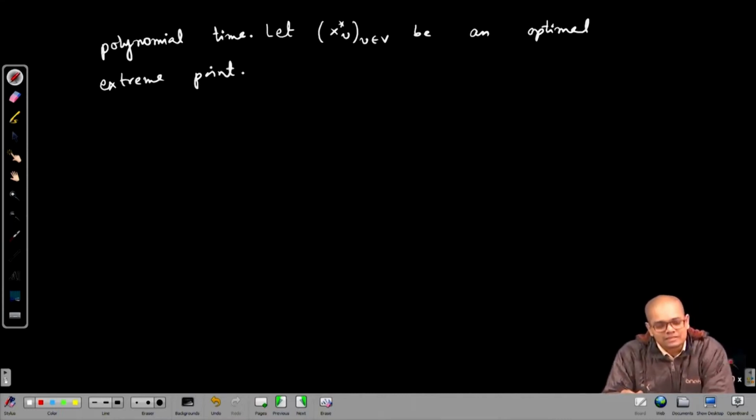What our algorithm does is simply pick all those vertices whose corresponding variable value is either half or 1.